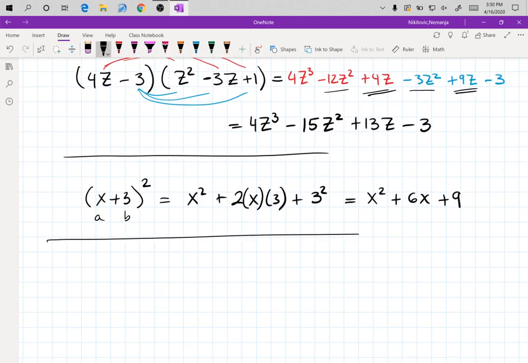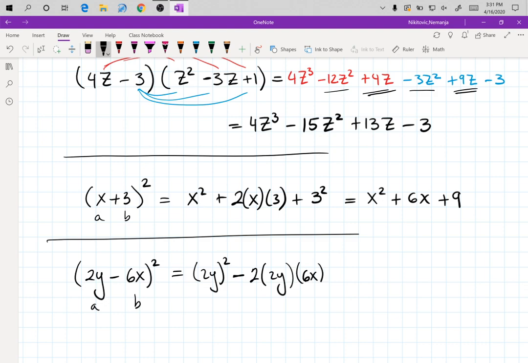Let's do another example. How about 2y minus 6x squared? Again, here's my a, here's my b, and then I have a squared. Keep the sign, which is a minus. And then I have 2 times a, which is 2y, times b, which is 6x.